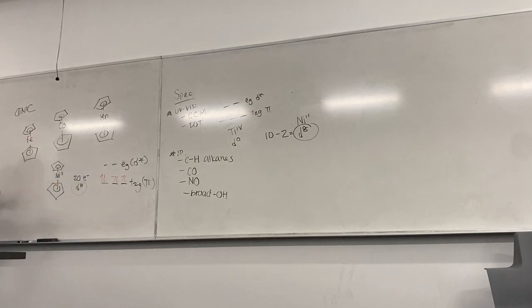Ferrocene is kind of like the ideal system, right? It has exactly 18 electrons, which is why we're not that concerned about it oxidizing or reducing anything, because it's just happy sitting there.